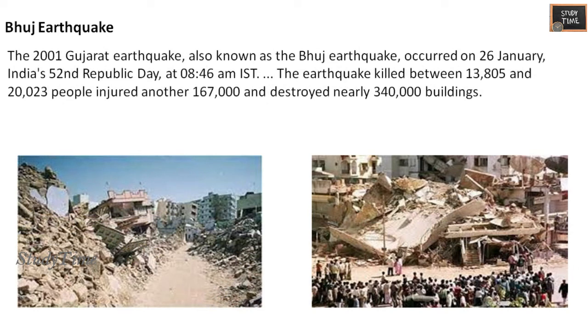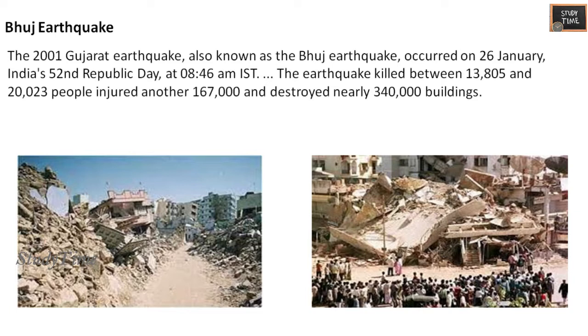So next we are going to see the Bhuj earthquake. The 2001 Gujarat earthquake, also known as the Bhuj earthquake, occurred on 26 January, India's 52nd Republic Day, at 8:46 a.m. IST.